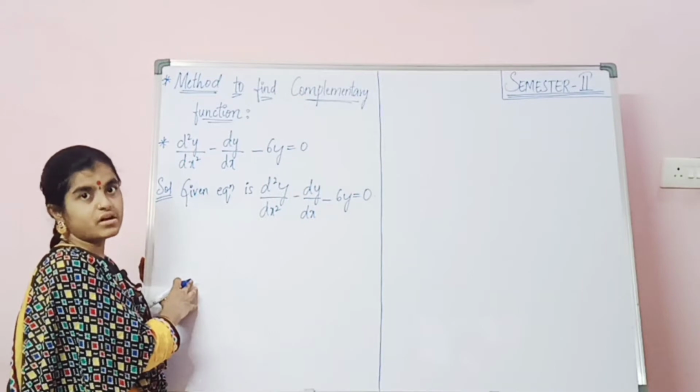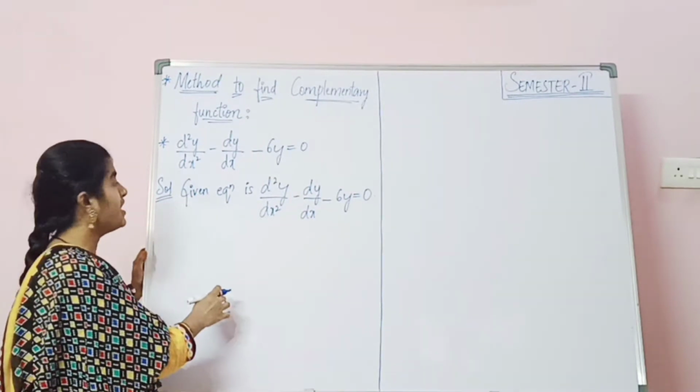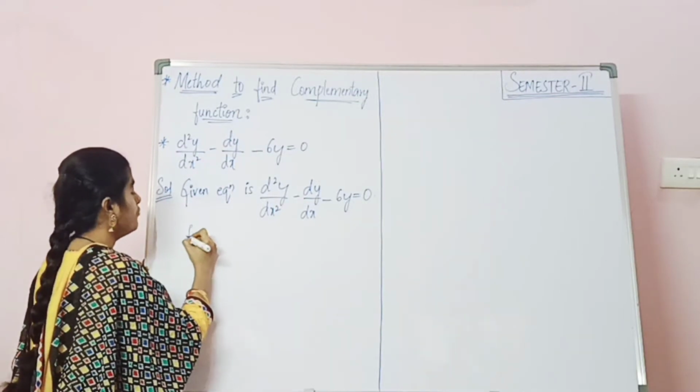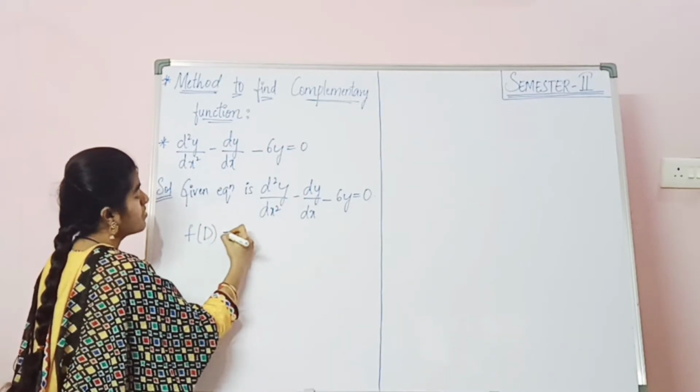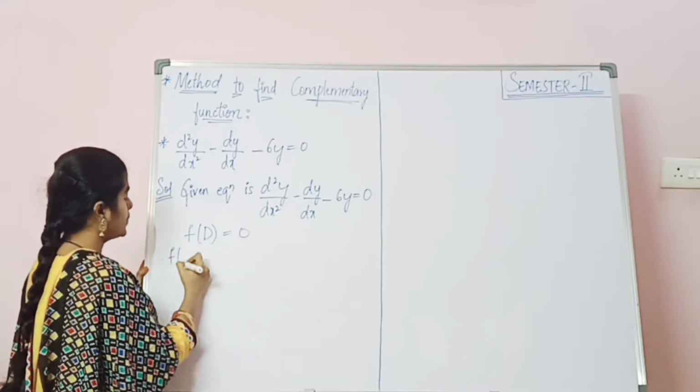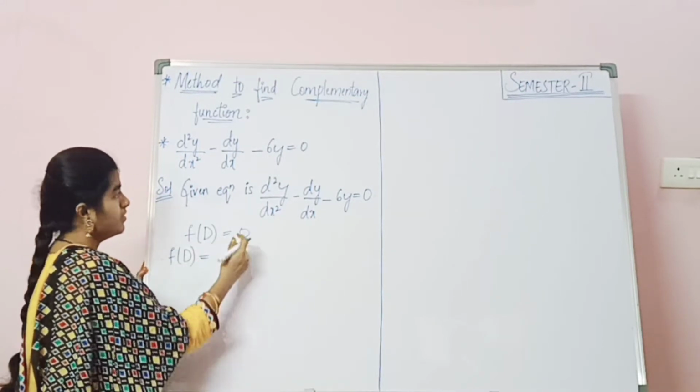First, step 1 from the earlier video: we have to write the given equation in the operator form, f of D equals 0.